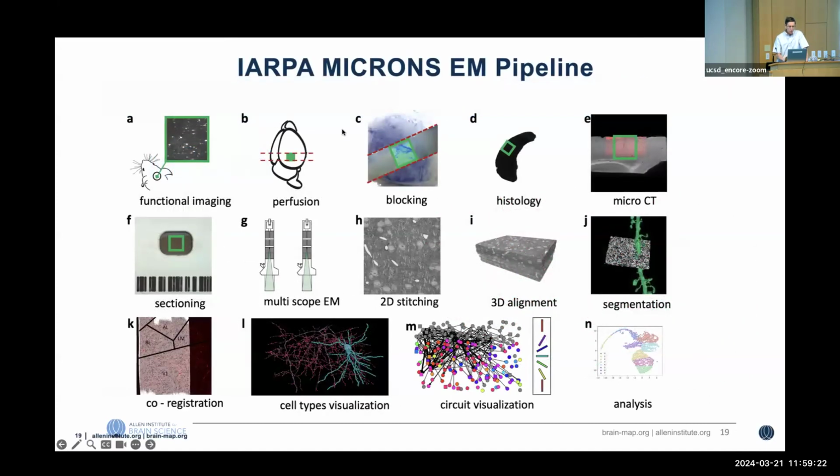There was a workflow that started with functional imaging. We actually used a genetic mouse in which certain cell types were active, because we wanted to know what was happening in this little area. Then it went through things like chopping into blocks, sectioning, et cetera.